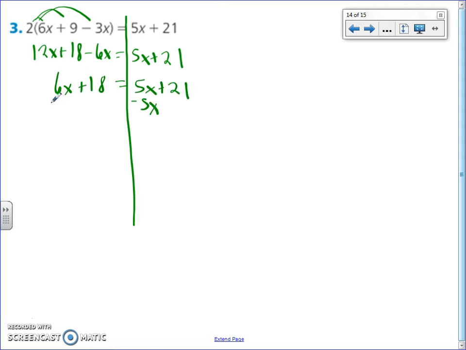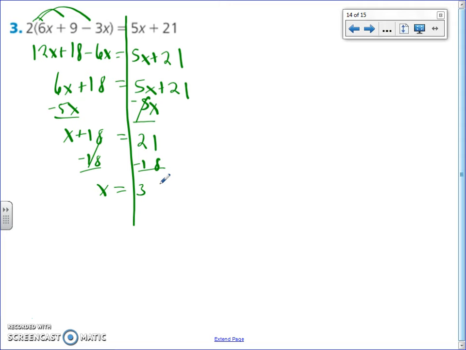Subtract my 5x from both sides, get the variables on the same side of my equation, and I get x plus 18 equals 21. Last step, subtract 18 from both sides, and I would get x equals 3.